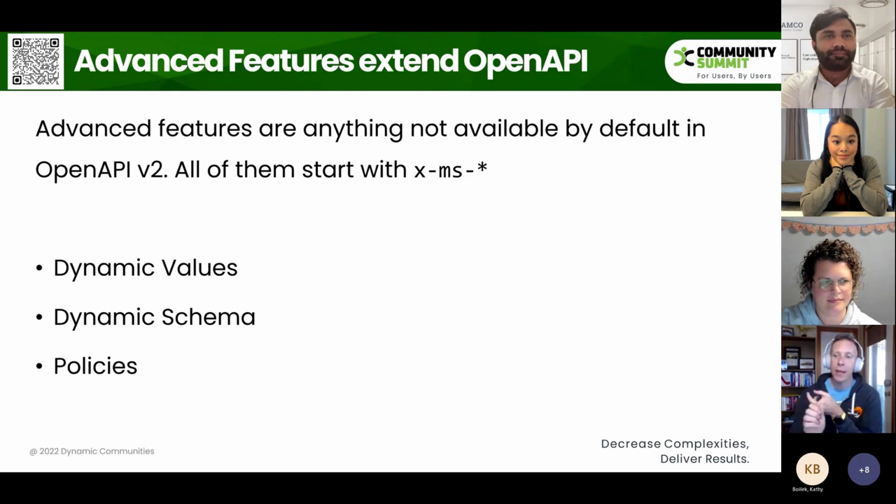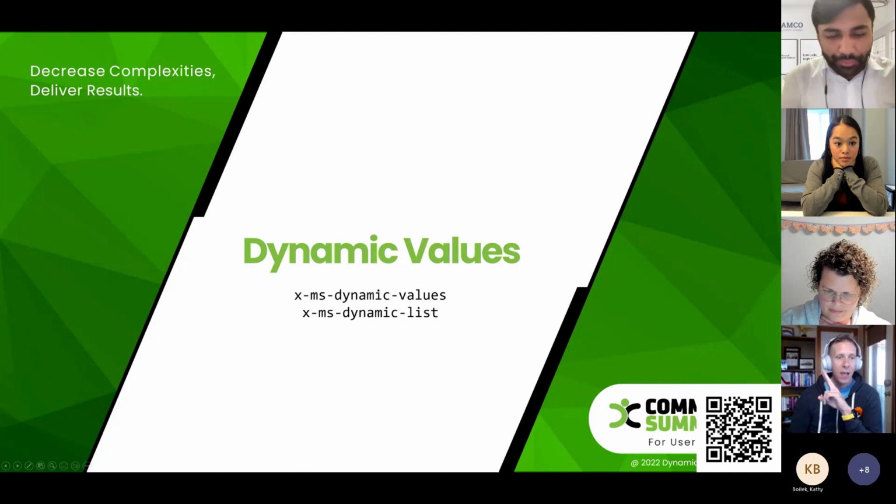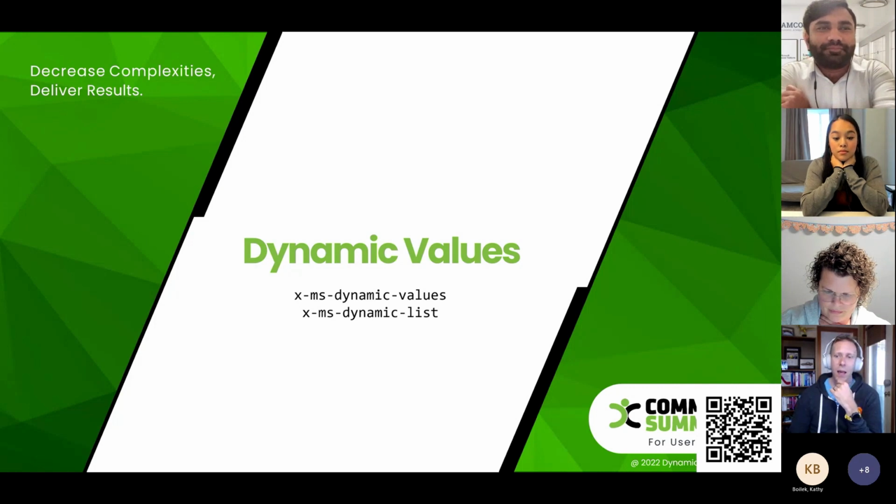So the first thing we're going to look at is the dynamic values. This is in the connector documentation as x-ms-dynamic-values and x-ms-dynamic-list. There's two of them, and I don't really know why there's two, but it doesn't hurt to include both. So what is a dynamic value?